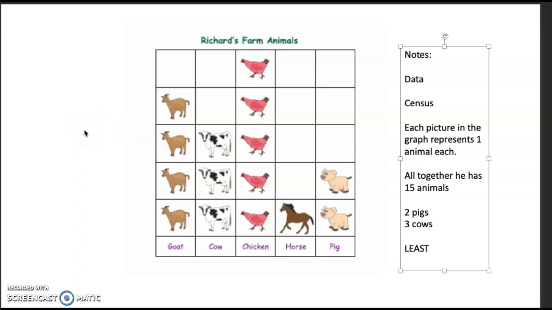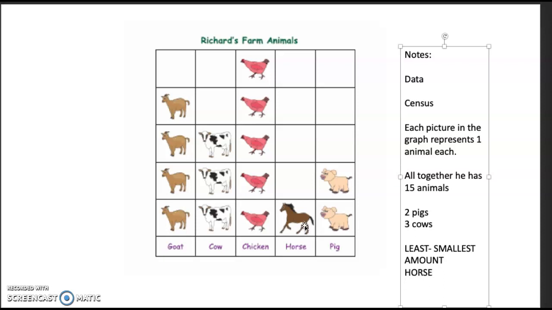What animal has the least amount? So the smallest amount. If you're looking at this picture, up here I have some goats, down here it looks like I have fewer cows, lots of chickens, some pigs, but look, I only have one horse. So in this case, the smallest amount of animals that he has would be the horse.